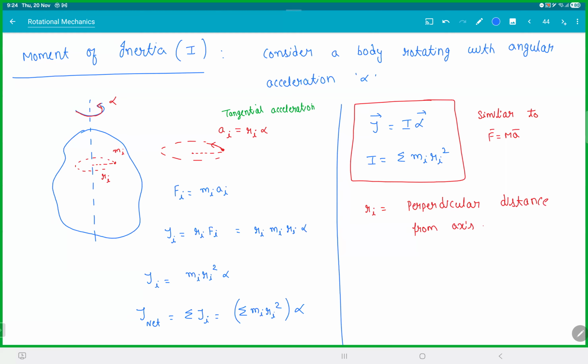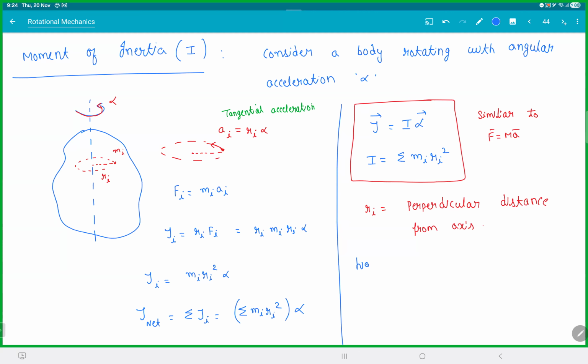So these properties don't depend only on the magnitude and the direction, but they also depend on other quantities like axis of rotation. There's a much better definition, but we don't need it. Tomorrow, if you become a civil or a mechanical engineer, they'll teach you. So don't worry. But for now, at 11th and 12th, moment of inertia behaves like a scalar for a given axis. Let's keep it simple. So you can add moment of inertia about a given axis of rotation.